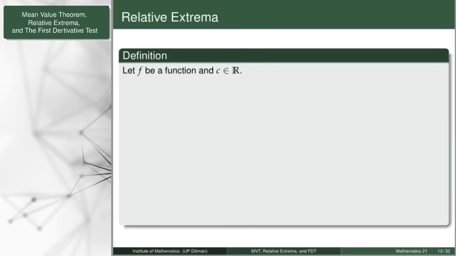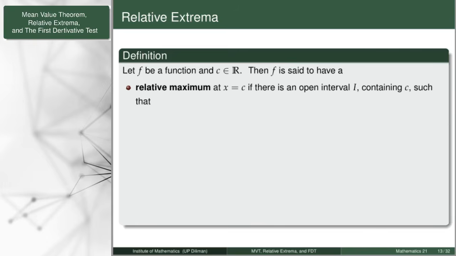So what is a relative extrema? Now if I have a function f and a real number c, we say that a function will have a relative maximum at c if there exists an open interval I containing c such that f is defined for all x in I, and for all x in my interval, the evaluation of f at x will always be smaller than f of c, or the evaluation of f at c is the biggest among all evaluations inside the interval.